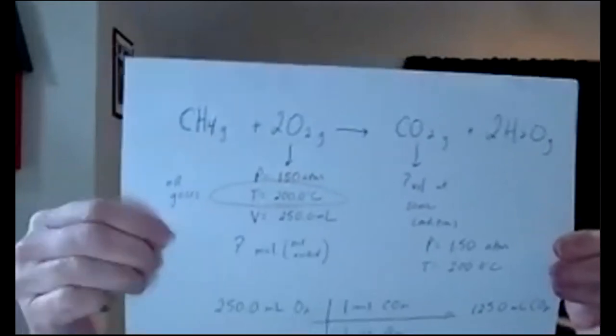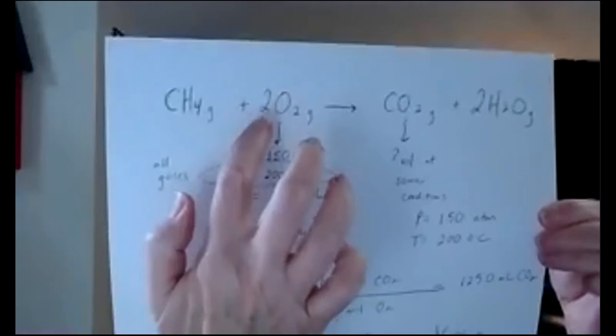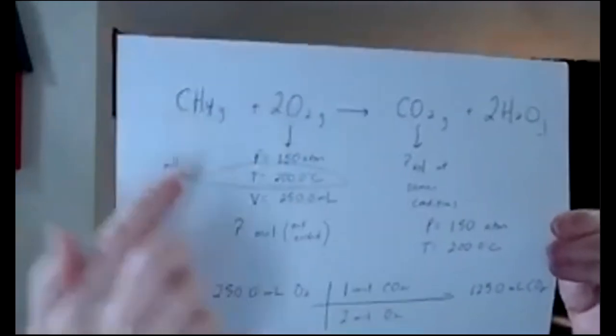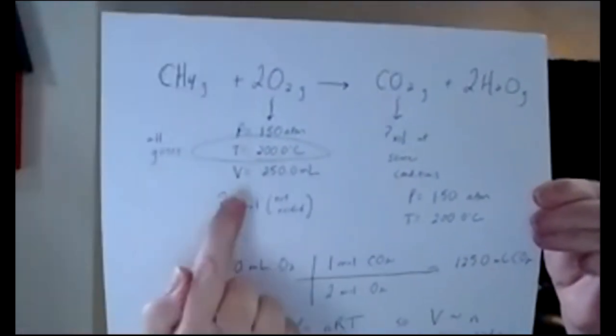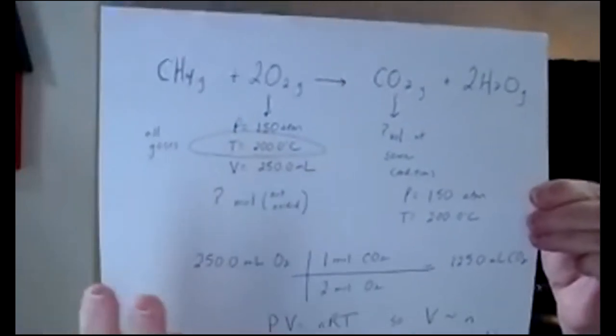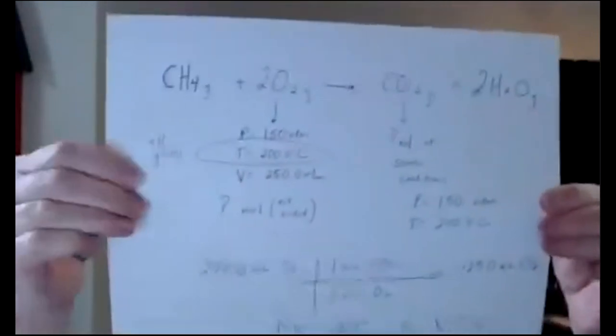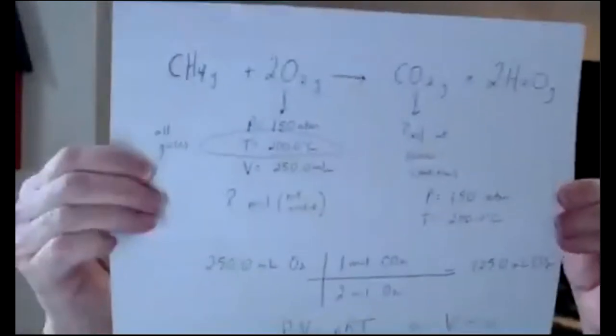So they're all gases at this temperature, very hot temperature here. So I have conditions here for my oxygen. I give you a pressure, I give you a temperature, I give you the volume. I simply want to know, well, what volume of CO2 can I collect at these same conditions?